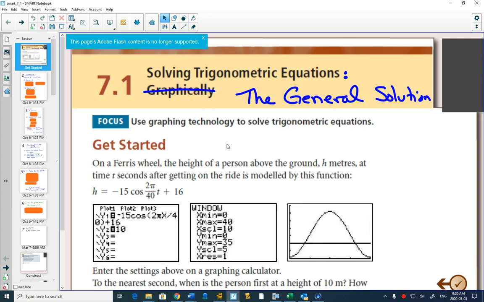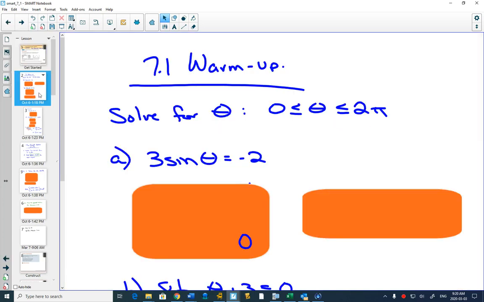So what I'd like you to do is, on page 572, we're going to skip this getting started and skip the construct the understanding, and I've made my own warm-up. It's going to be a review of stuff we've done in chapter 6. So can you solve for theta between 0 and 2 pi?